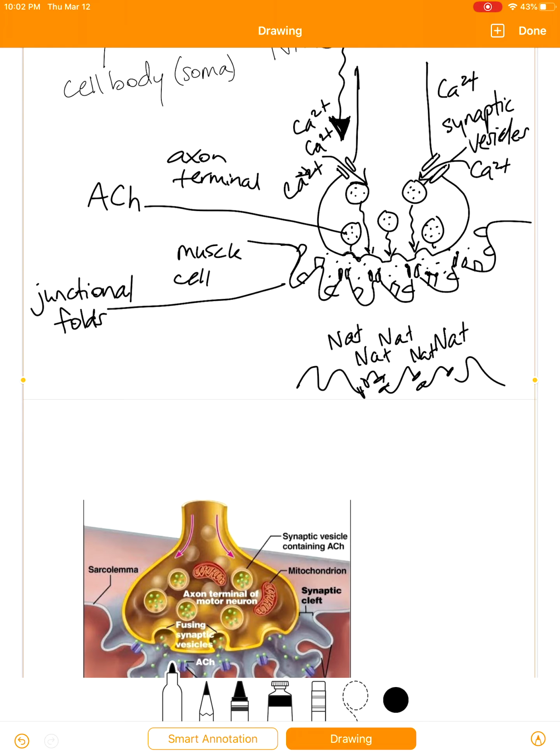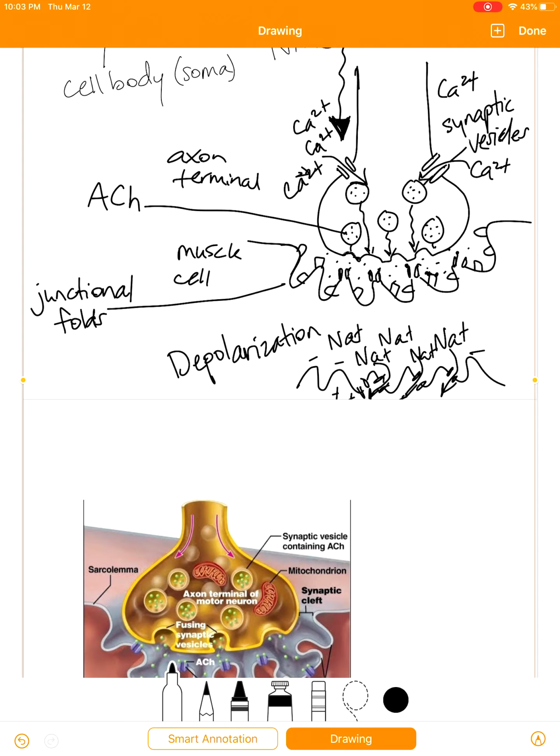Well, the sodium is going to start to diffuse into the cell, and what happens is the inside of the cell starts to become a little more positive. The outside charge starts to change to a little bit more negative. And this whole process, we'll get more into this in the nervous system chapter, is called depolarization.